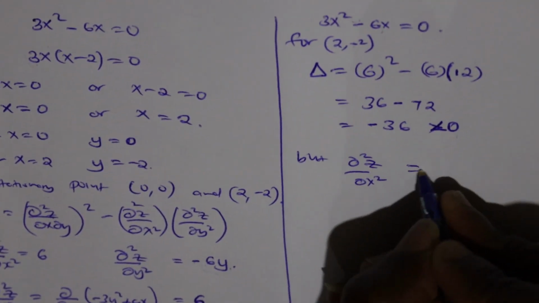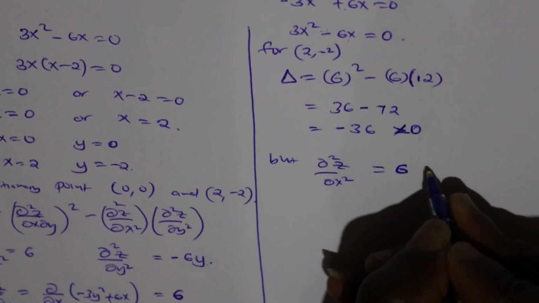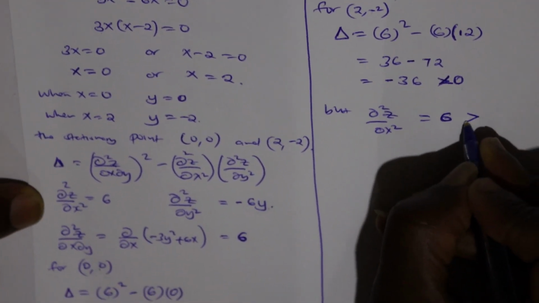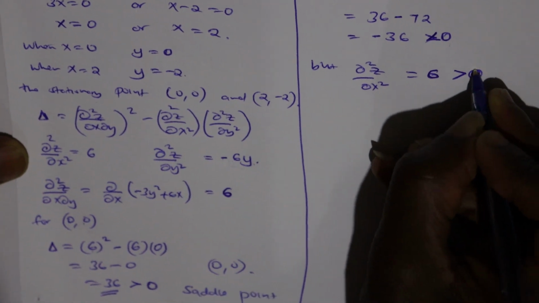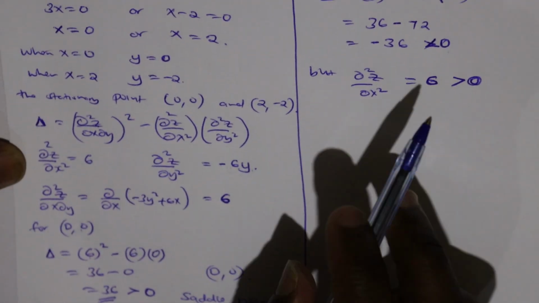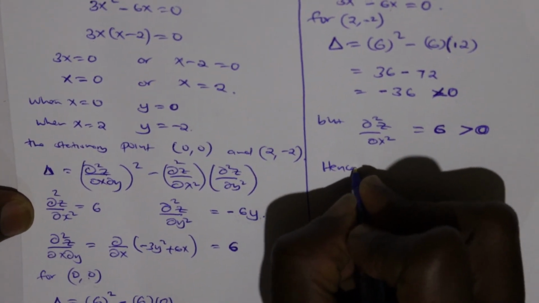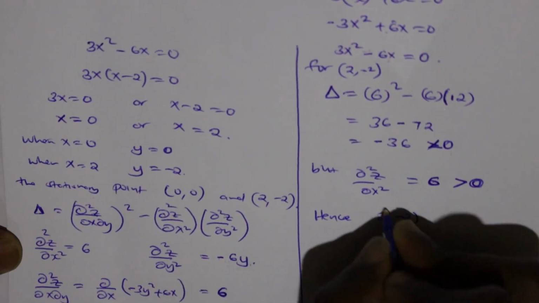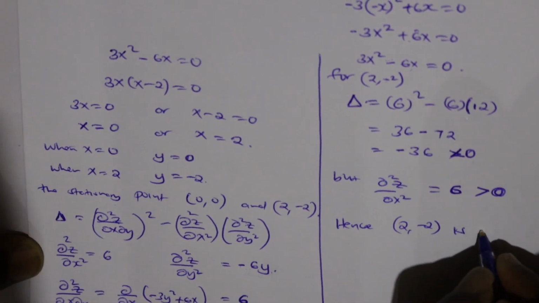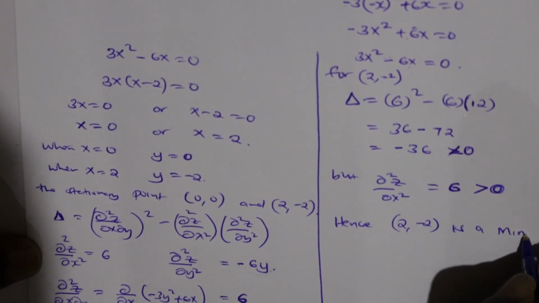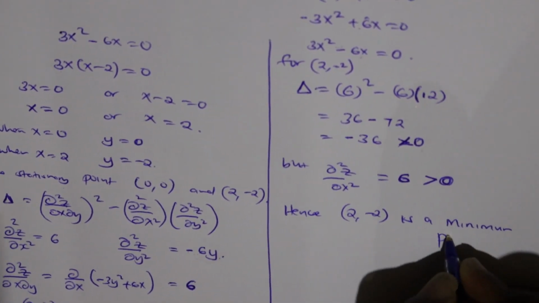It is equal to 6, which is greater than 0. And if it is greater than 0, then we say this point is a minimum point. So therefore, 2, negative 2 is a minimum point.